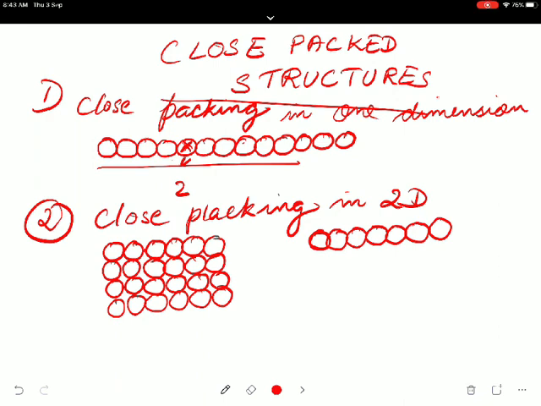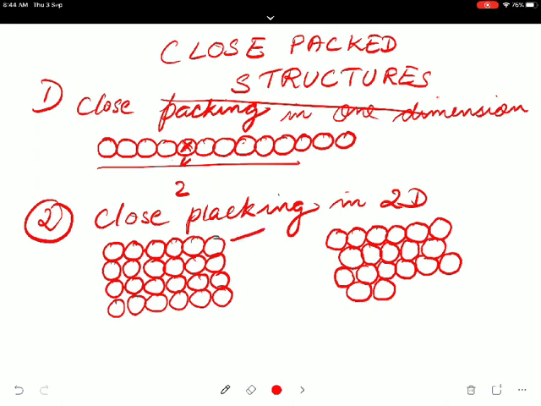So the second row balls, your second row spheres or atoms, are kept in between, in the depression of the first row. Like this, second row.